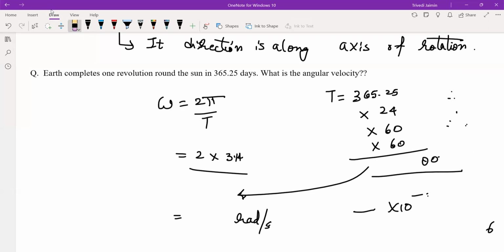Yeah. So what are you getting? 351620? Is it the same? Three one five. So I got 31557 something. 31557600.